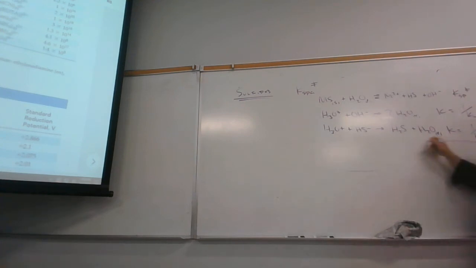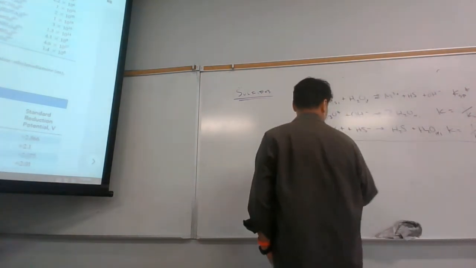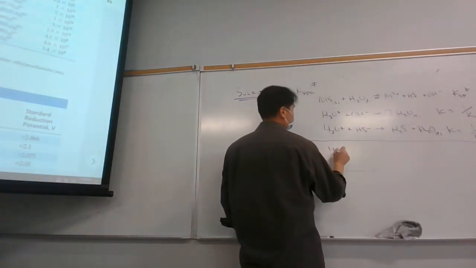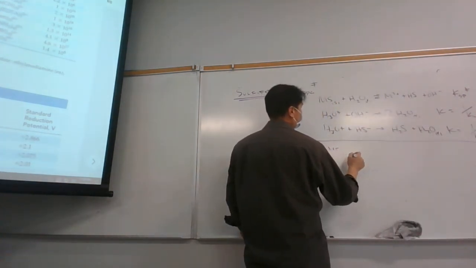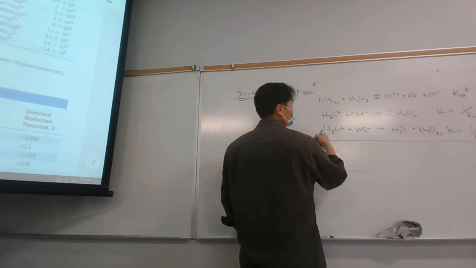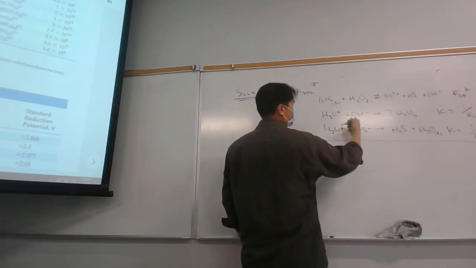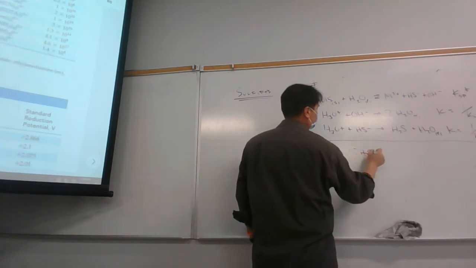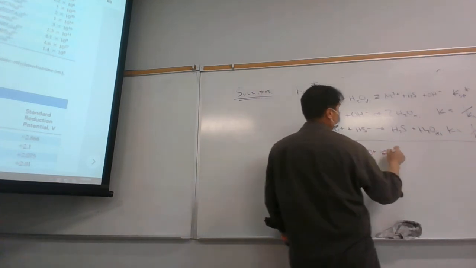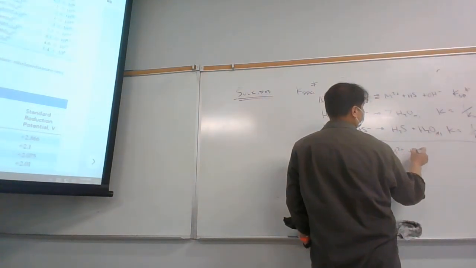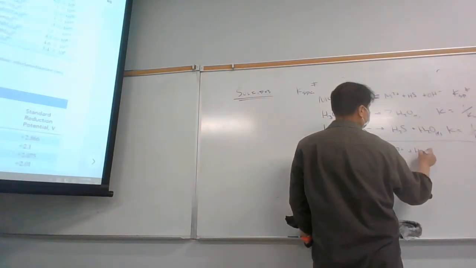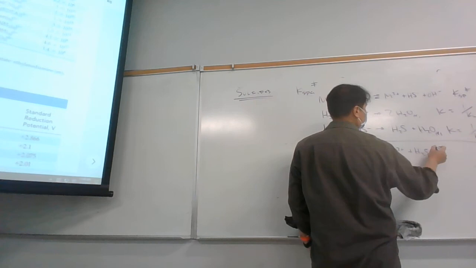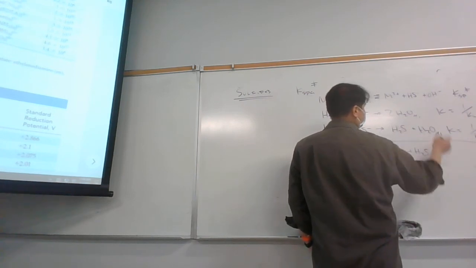So now what we're going to do is combine these. When we combine these, we're going to get MS solid plus, the H2Os cancel, hydroxide cancels, the HS minus cancels. That's going to give us 2 hydroniums. This is going to go to M2+ plus H2S plus 2 H2Os.